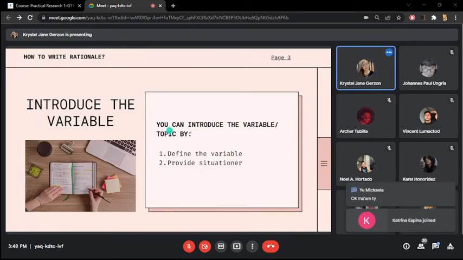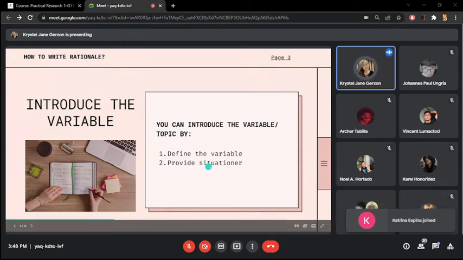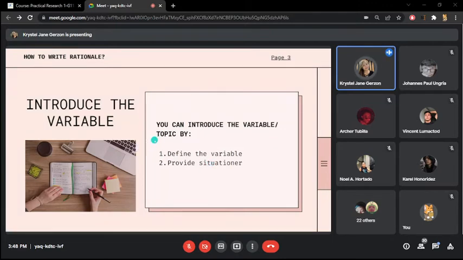Anyway, so going back to the first few paragraphs of your rationale, you can either define the variable or topic first, then provide the situationer, or provide the situationer before you define the topic.